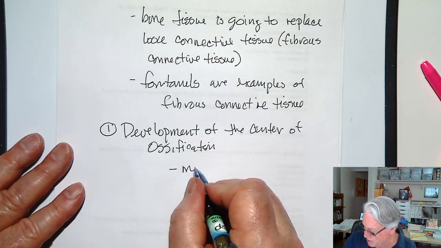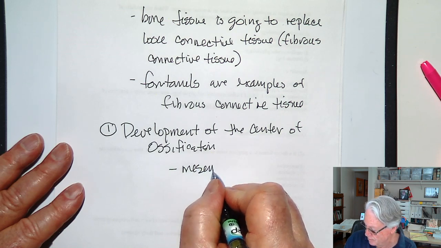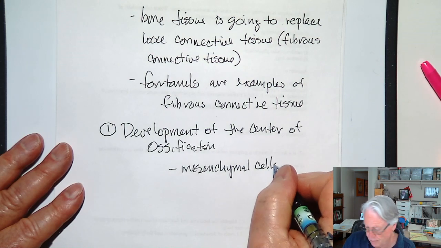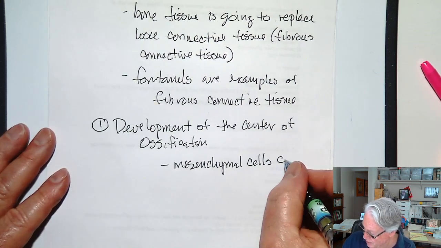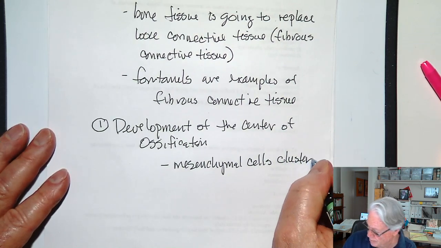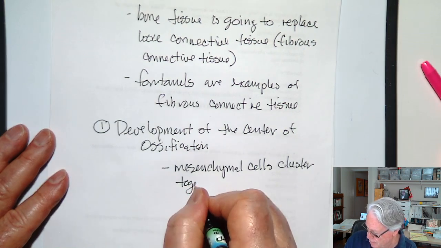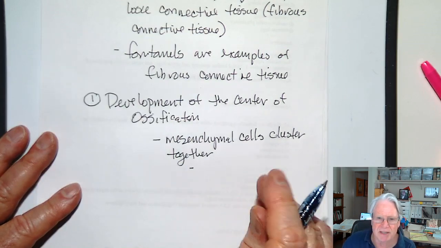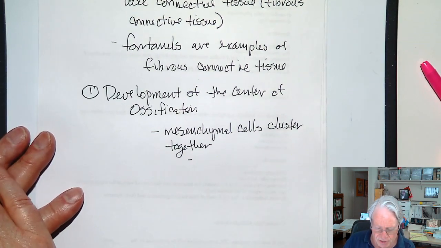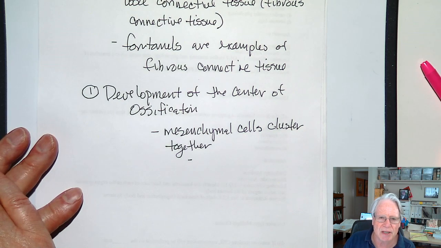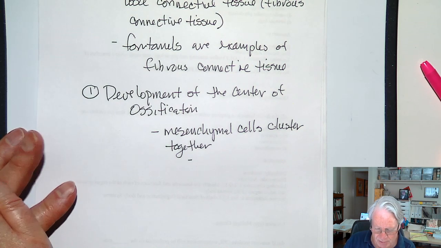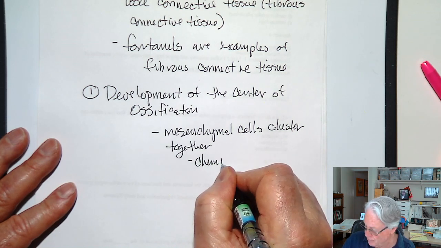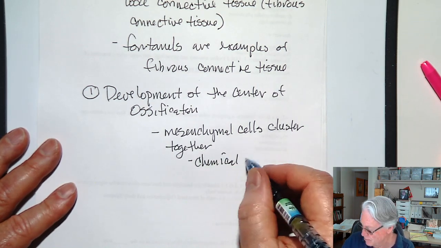The first step is that mesenchymal cells will cluster together. And that ability to start clustering together within a centralized location is due to a signaling molecule. So chemical messengers signal that development.